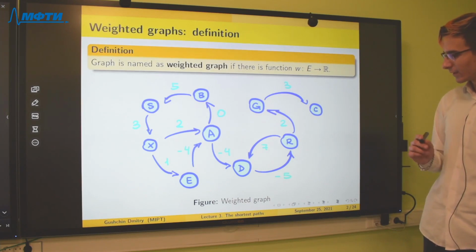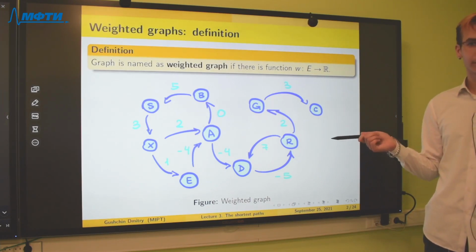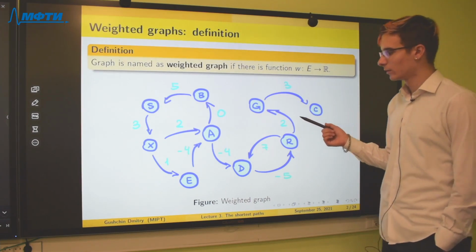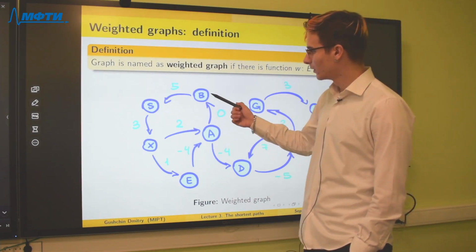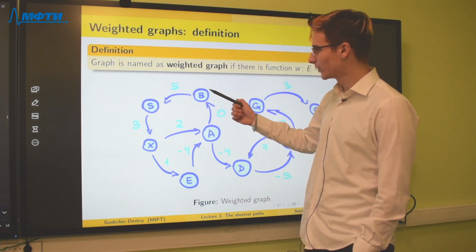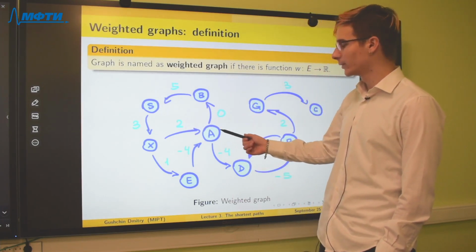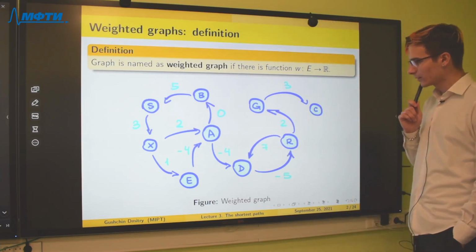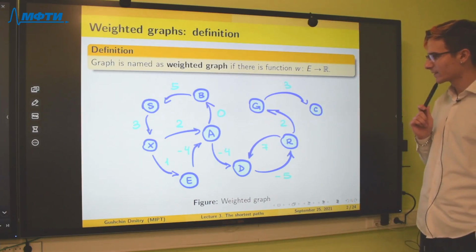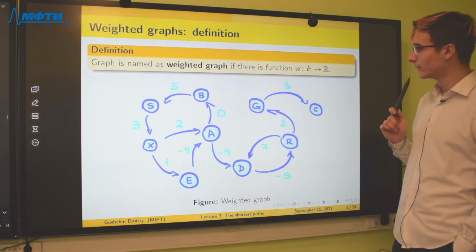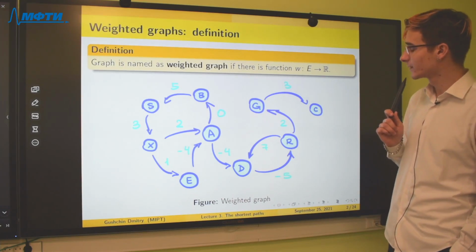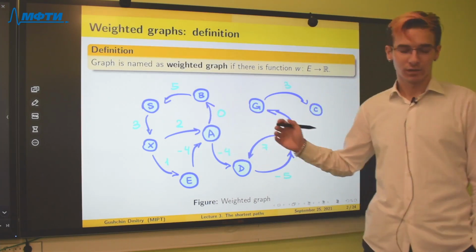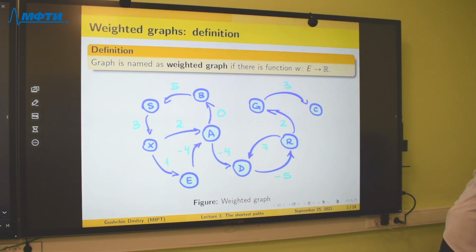It is a directed graph, of course, and we can have strongly connected components that have more than one vertex. There are some problems connected with cycles in directed graphs, which we'll see later.